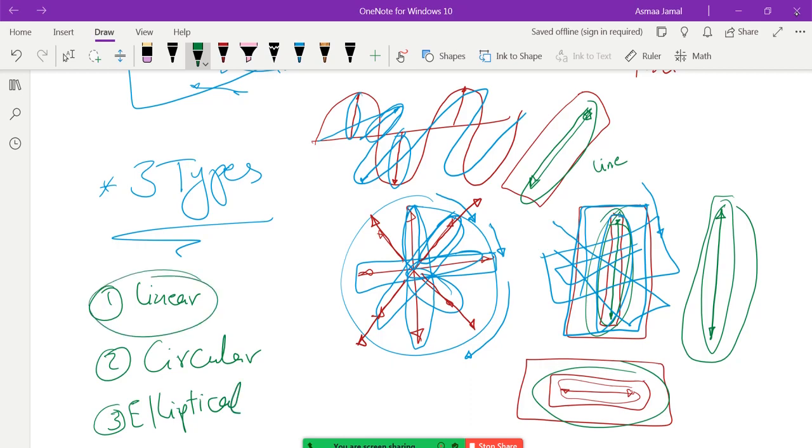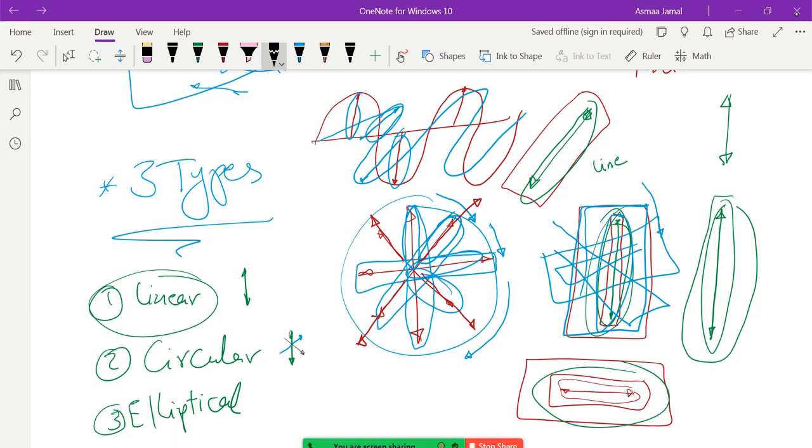So in linear, we are just allowing one vibration to pass, just one vibration. This one, we will use a rotating filter. One time it will allow this one, the other time it will allow this one, and then that one.